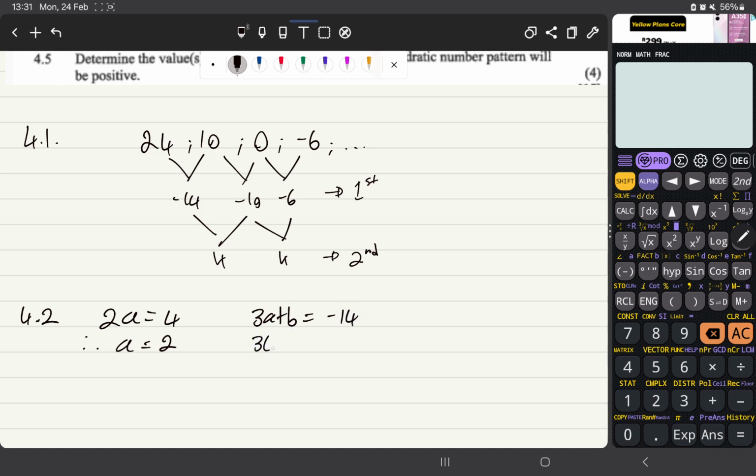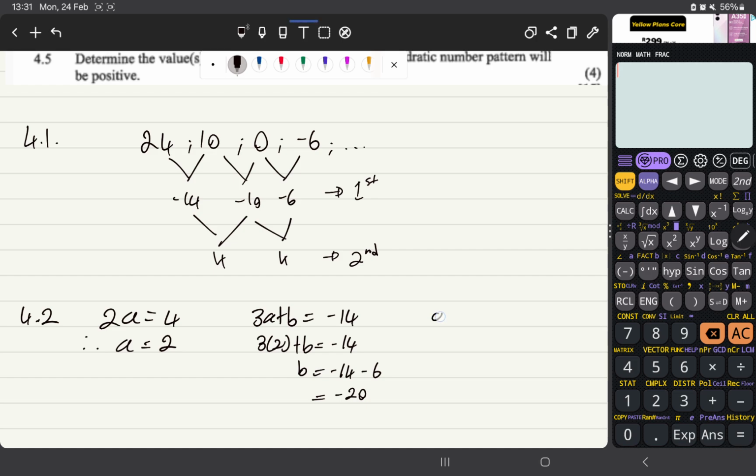Then that means 3 times 2 plus b equals minus 14, implying b equals minus 14 minus 6, that is minus 20.